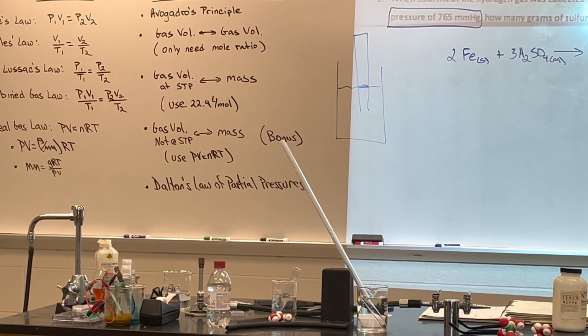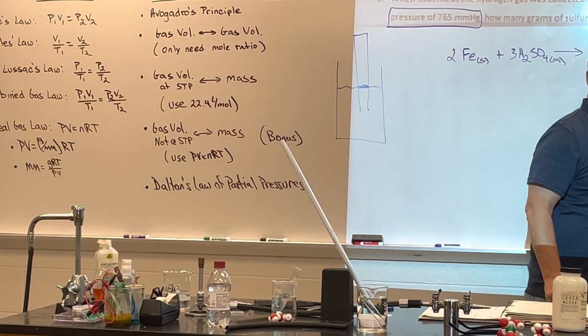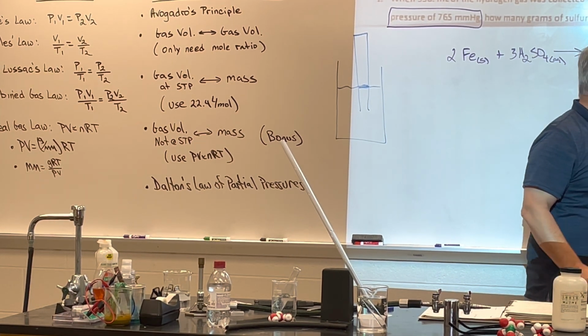So what's the vapor pressure of the water? 23.76. So if I know that this is 23.76, in order to get the pressure of the hydrogen, what's all I got to do? Subtract it.